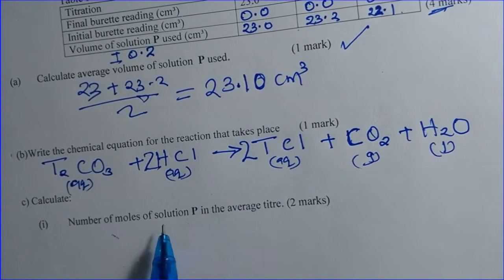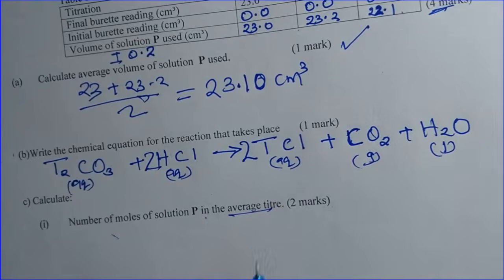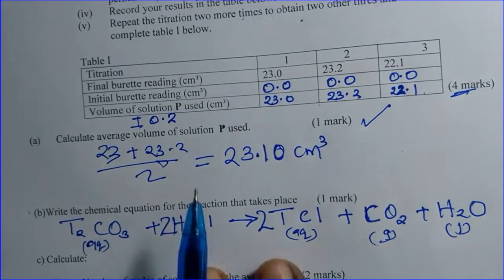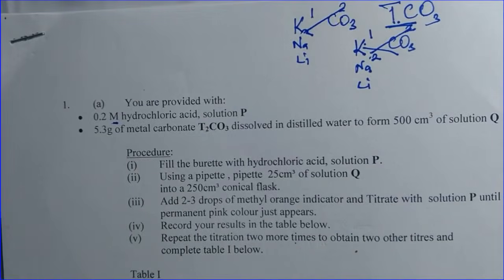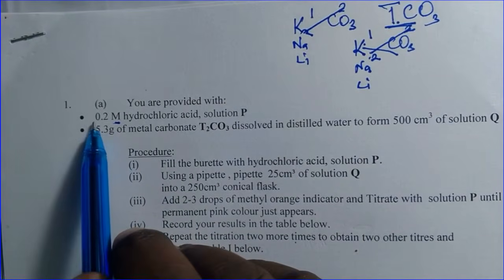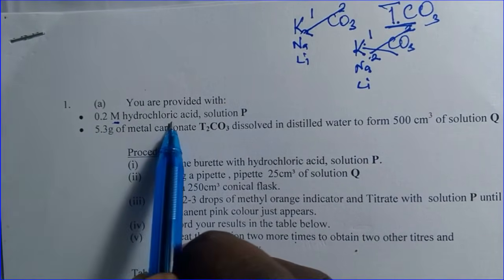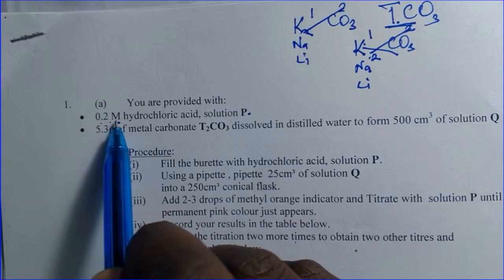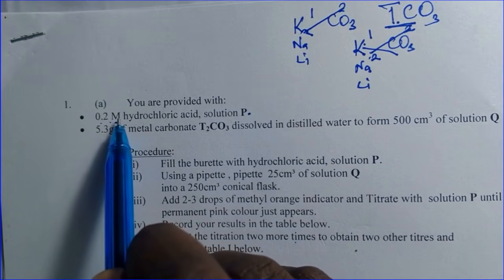Calculate the number of moles of solution P in the average titre. So number of moles, where do you begin? You go back to what you are provided with. You are provided with 0.2 molar hydrochloric acid solution P. So this is the number of moles in 1,000, because this is a molarity. Capital M stands for molarity, and molarity is the number of moles in a liter.